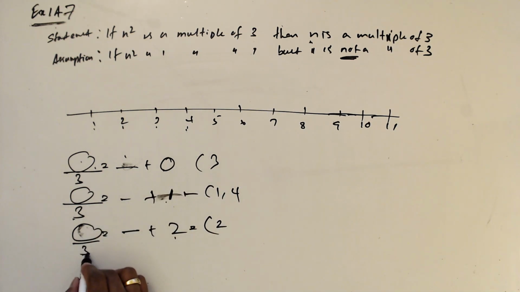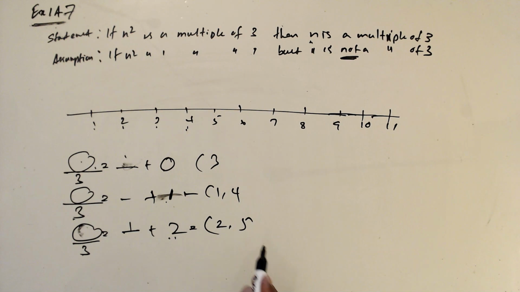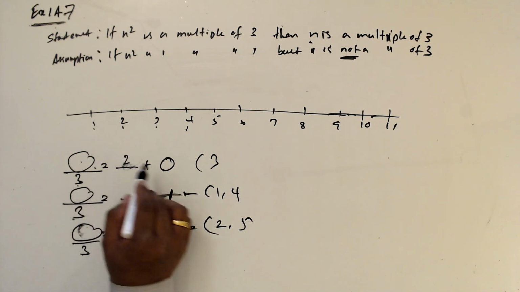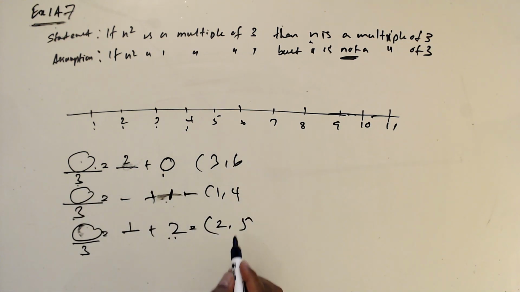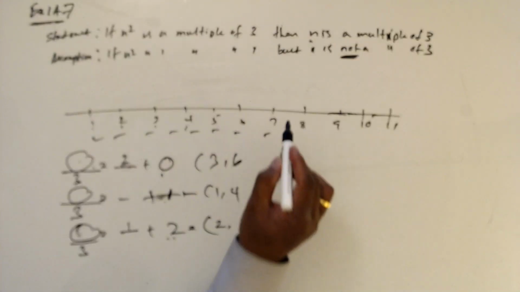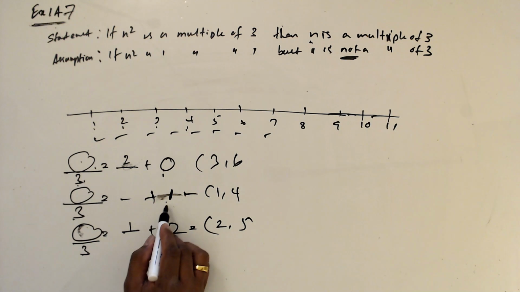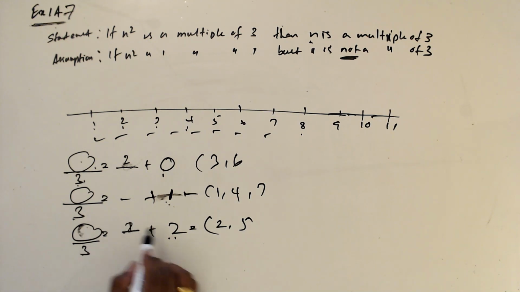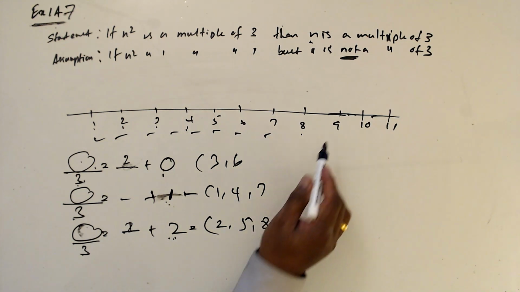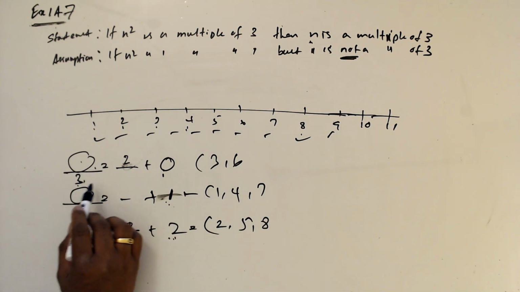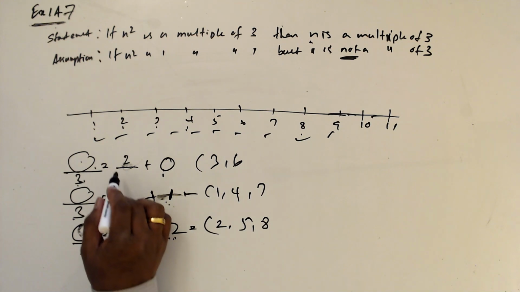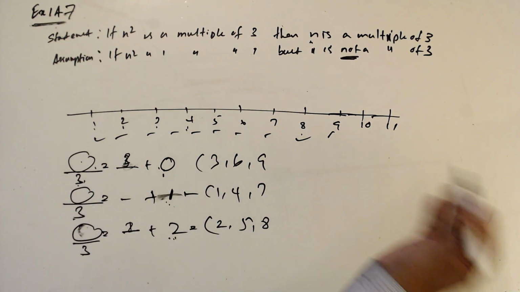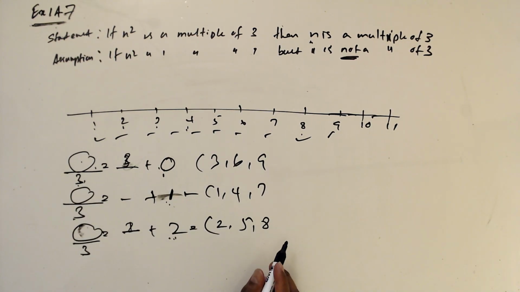Then 5 divided by 3, remainder 2, so 5 is here. 6 divided by 3 is 2, remainder 0, then 6 is here. 7 divided by 3 is 2, and remainder 1, 7 is here. 8 divided by 3 is 2, and remainder 2, so 8 is here. 9 divided by 3 is 3, and remainder is 0. 9 is here.